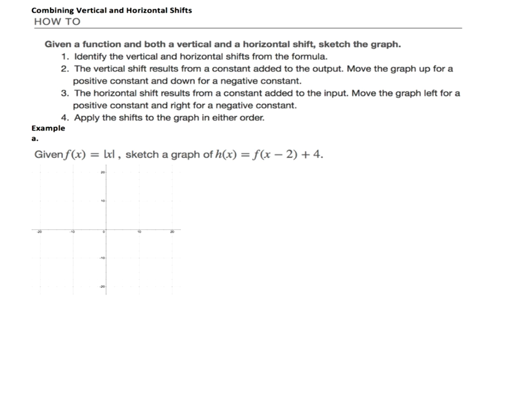Okay, so combining horizontal and vertical shifts in one function. All right, so notice, let me color code this as well. My vertical shift, this is the one that happens on the outside to the output. So I'm shifting up 4, and then I have my horizontal shift.